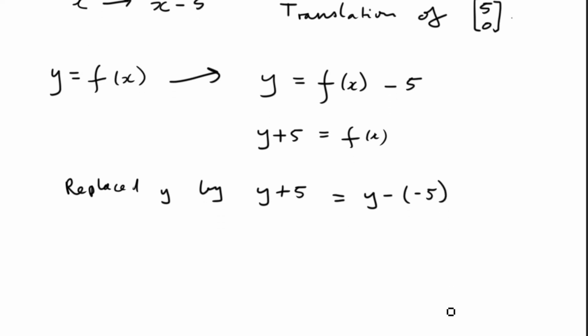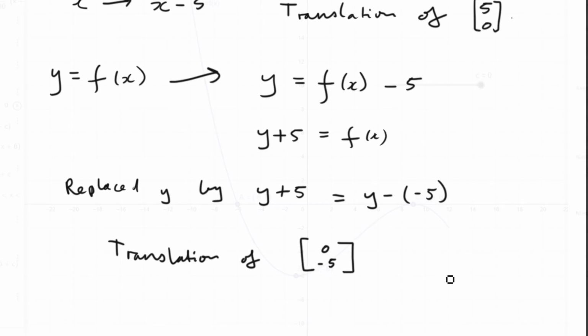So therefore our translation rules say that the graph should be translated, we should have a translation of (0, -5). In other words, this time the graph should move down by 5 units.